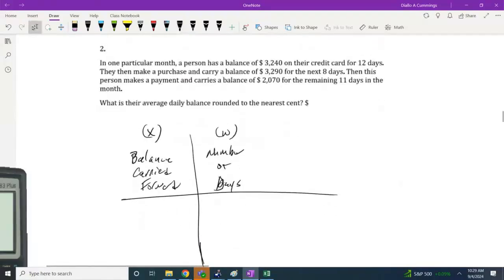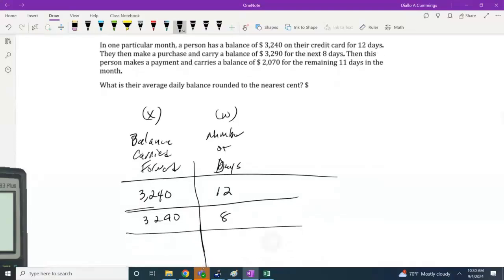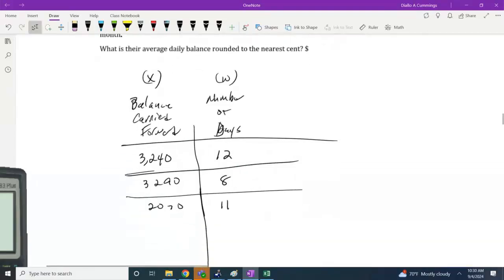Looking back at our problem, $3,240 was in the account for 12 days. $3,290 was in the account for 8 days. And then $2,070 was in the account for 11 days.